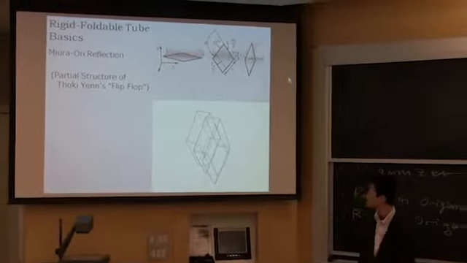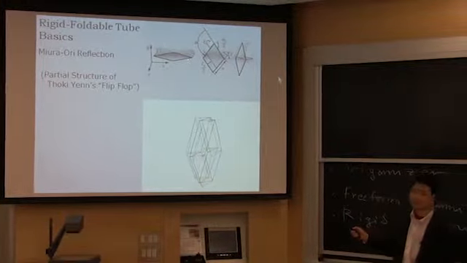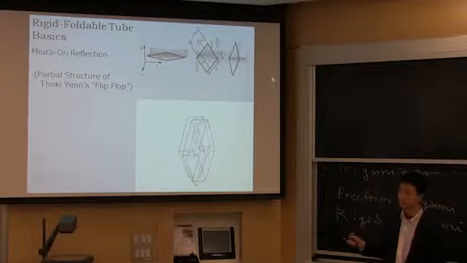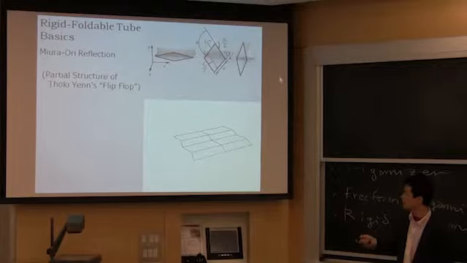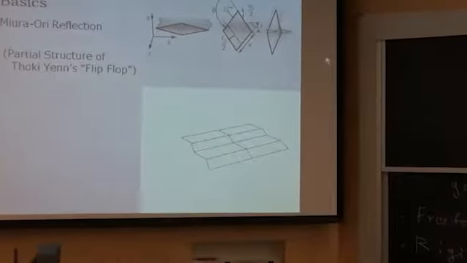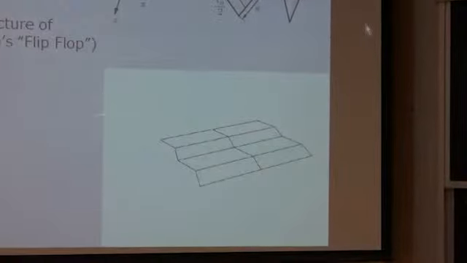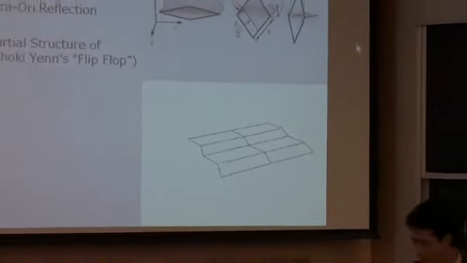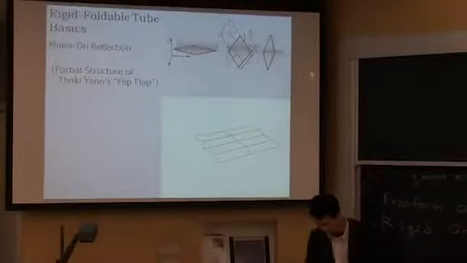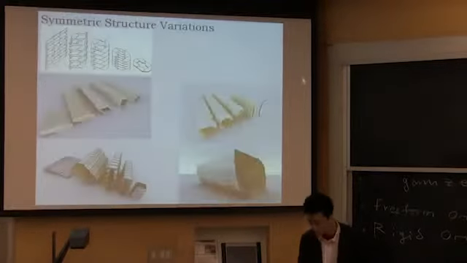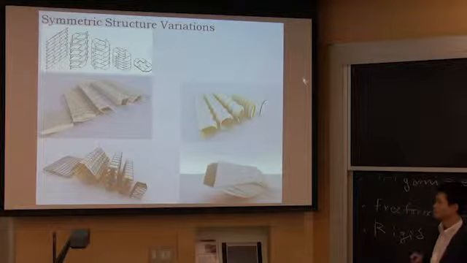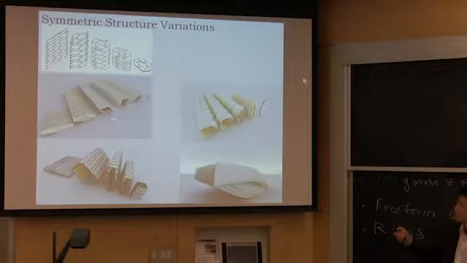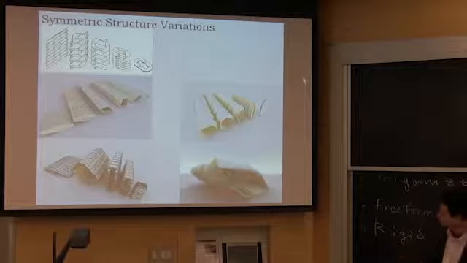But there exists one. So the idea is to mirror reflect one part of the Miura-Ori vertex. And you can see this from the origami model by Toshikazu Kawasaki. It's called flip-flop. It's a very interesting model. Anyway, you can develop more generalized origami cylinders like this.